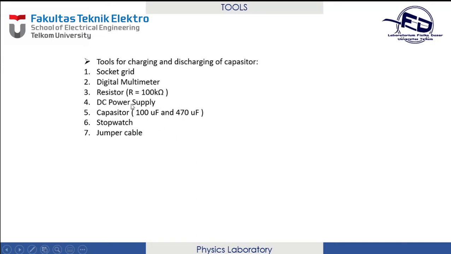There is a DC power supply, so we're going to use DC, direct current, here. The next one is the capacitor. We're going to use two different capacitors, which are 100 microfarad and 470 microfarad, okay? The next one is a stopwatch, and the last one is a jumper cable.